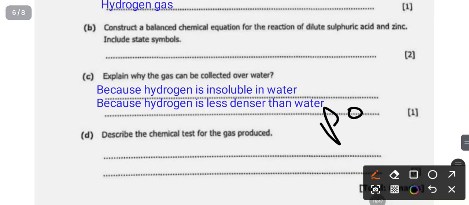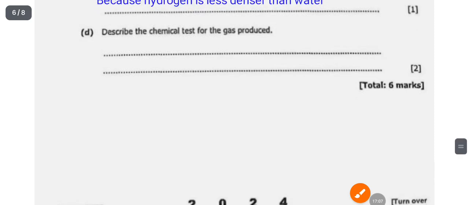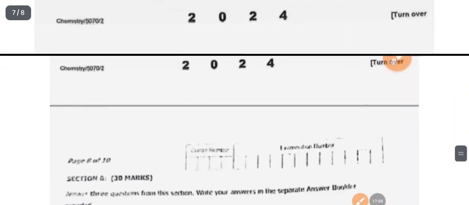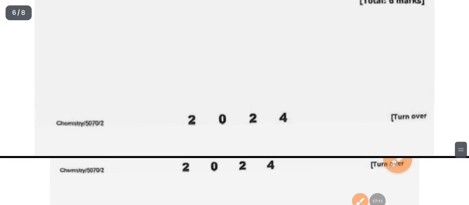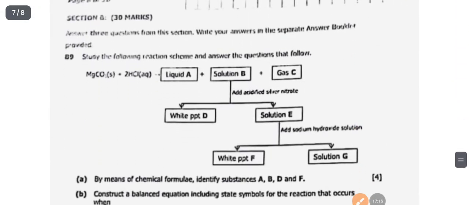So when you introduce this hydrogen gas to a lighted splint, it will burn with a pop sound. This is a clear confirmation of the presence of hydrogen gas. So that marks the end of section A. Let's dive into section B.